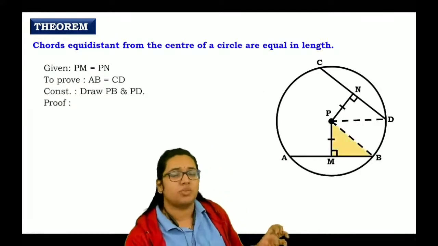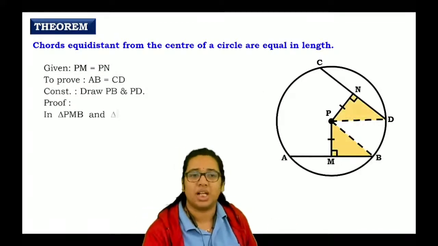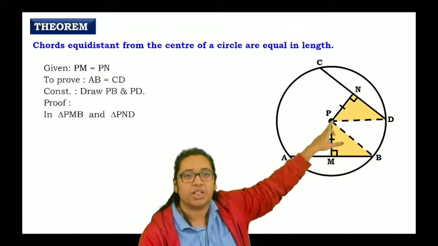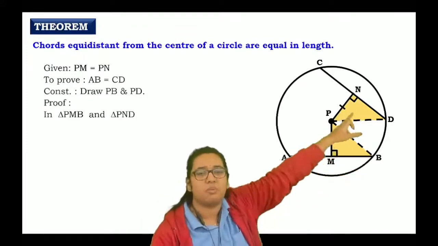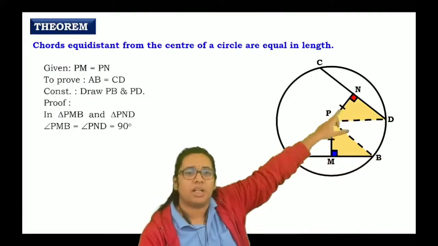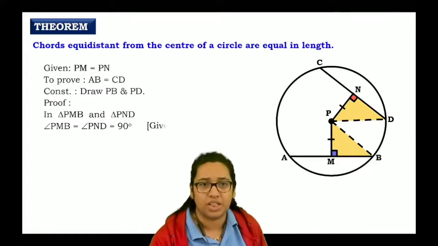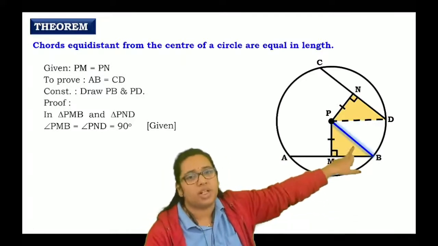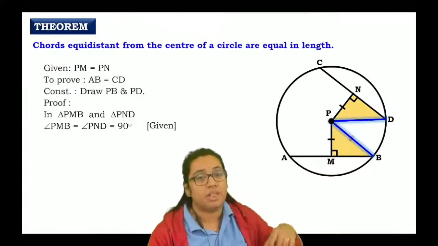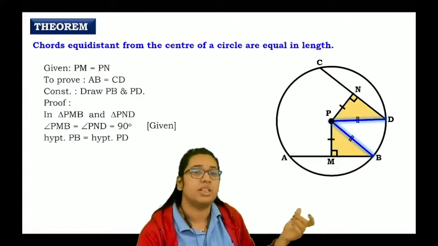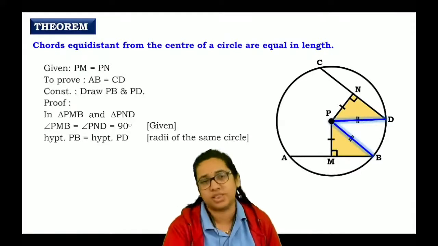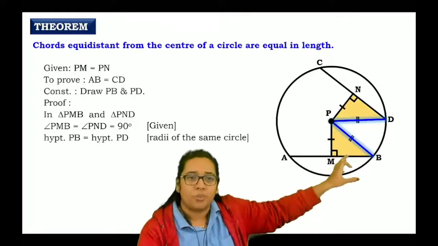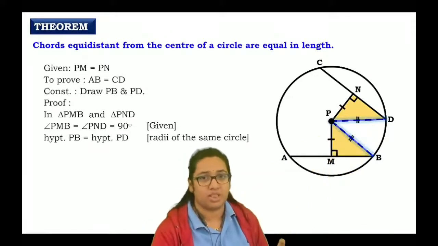So in triangles PMB and PND, M and N are the 90-degree angles. Second, the sides opposite to the 90-degree angles, that is PB and PD, will be equal. The reason is that they are radii of the same circle. So hypotenuse PB is the same as hypotenuse PD.